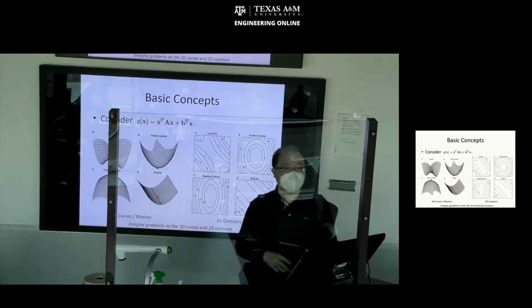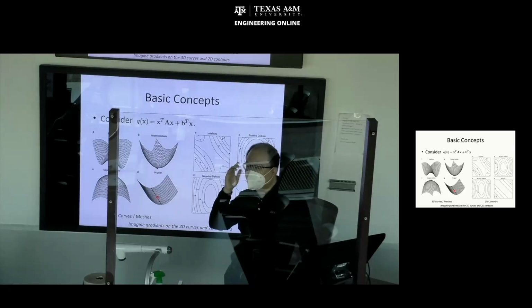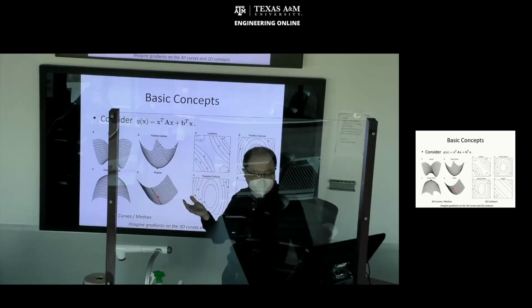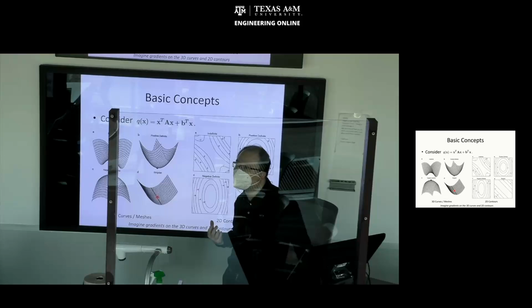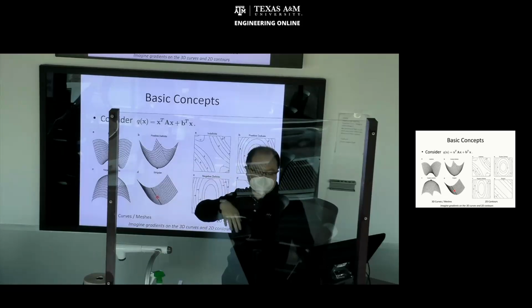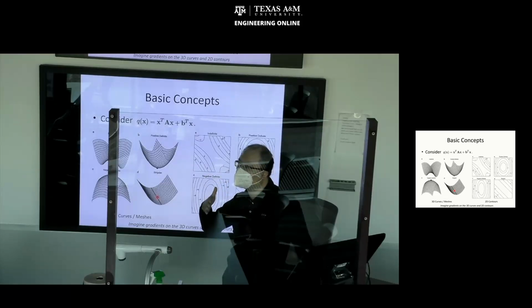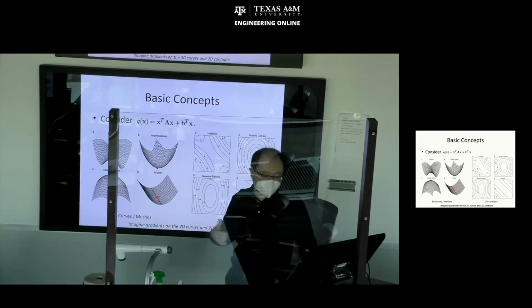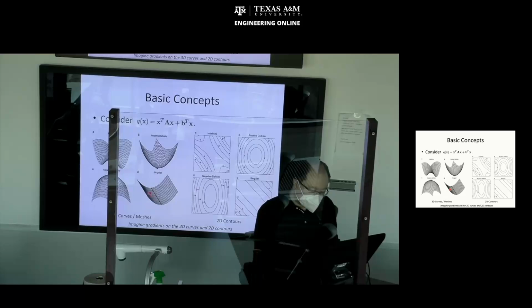Because the eigenvalues are basically telling you how soon or how steeply you climb up or down along that direction. Along which direction? Along the direction of the corresponding eigenvector. In other words, there are two eigenvectors in this case: there's this one and the one perpendicular to it.